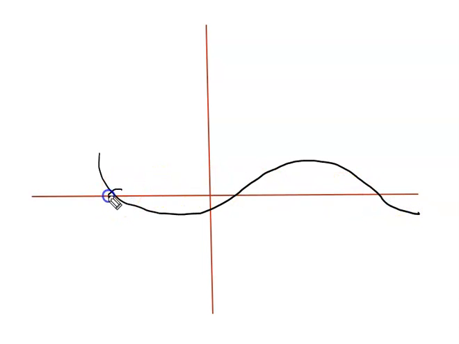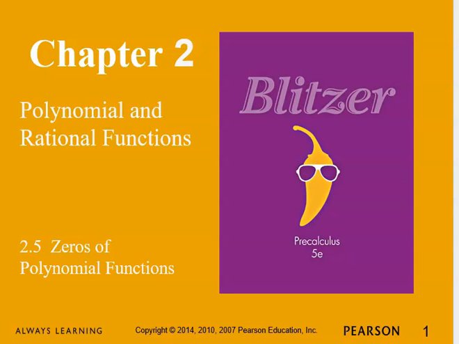And wherever it crosses the x-axis, the y value is 0. So we are finding the zeros. That is your x-intercepts. That's what we're looking for. And there's a number of protocols that we follow to get to it.